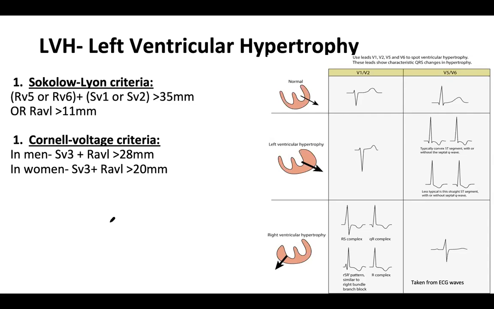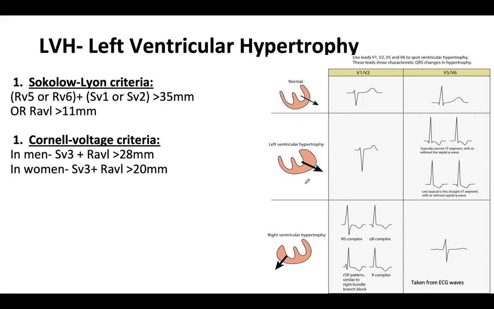I like the first one. It's just a preference. So you basically look at the R wave in V5 or the R wave in V6, and you add it to the S wave in V1 or the S wave in V2. And if it's more than 35 millimeters, it indicates LVH. Or if the R wave in aVL is more than 11 millimeters, this can also indicate LVH.